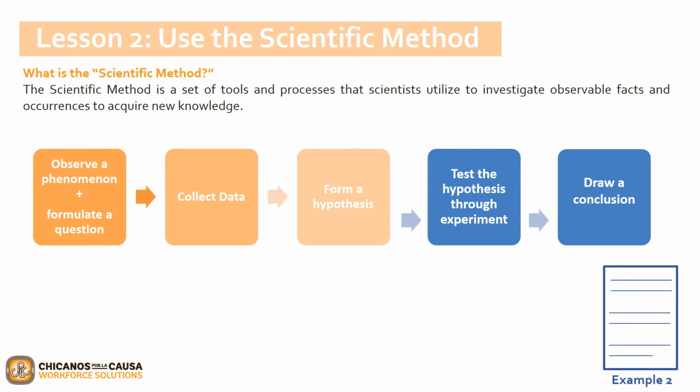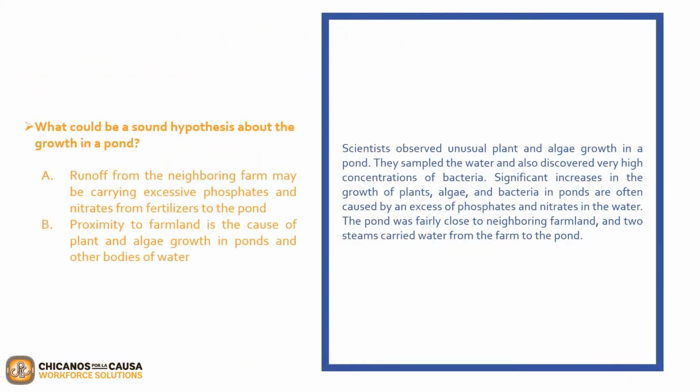Now that we have the basics of the scientific method, let's go ahead and see an example in paragraph format. Let's take a look at our first example paragraph, which we will read together.